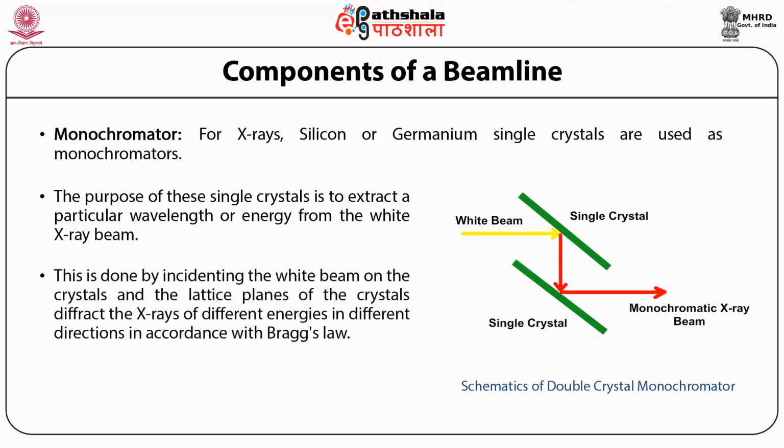This is done by incident white beam on the crystals, and the lattice planes of the crystals diffract the X-rays of different energies in different directions in accordance with Bragg's law.